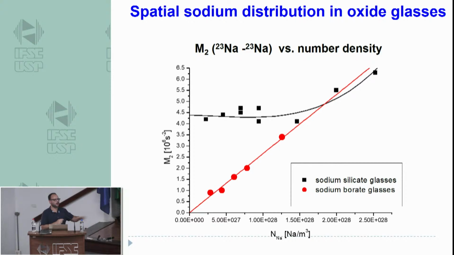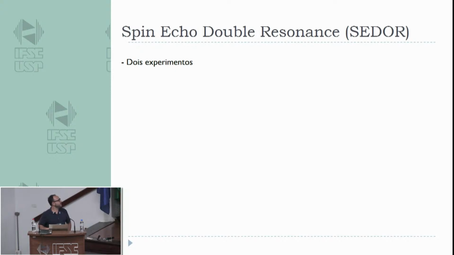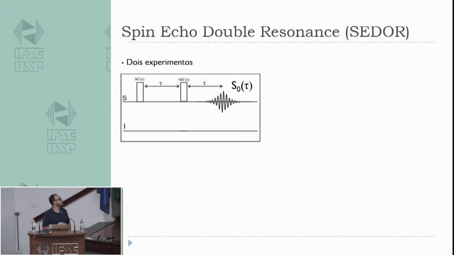I'm just putting more species there, the interaction is growing linearly. But for the silicate glasses, we have a deviation from this linear behavior, and this indicates that we are having clustering of sodium in this system. The same thing happens for lithium, but to detect the lithium, we need a different type of experiment. That's called the CDOR experiment.